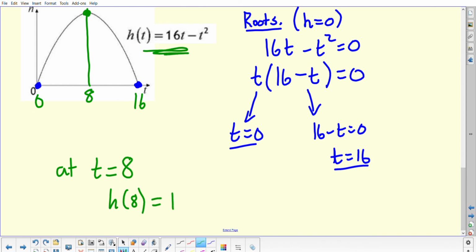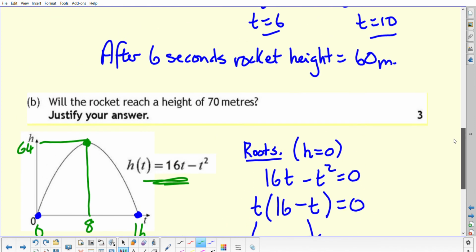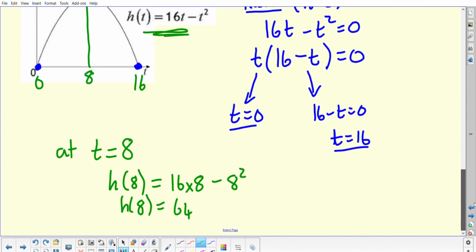So we're doing 16 times 8 take away 8 squared, and if you do that in the calculator, you end up with 64. So what that tells you is the maximum height here is 64. So the answer to this question, will the rocket reach a height of 70 meters? The answer is no.